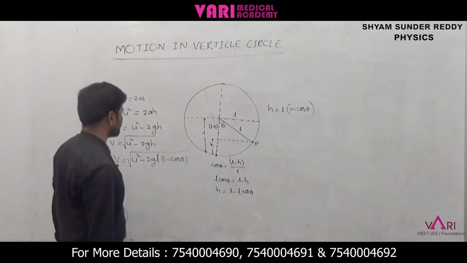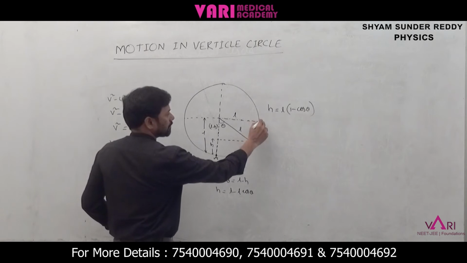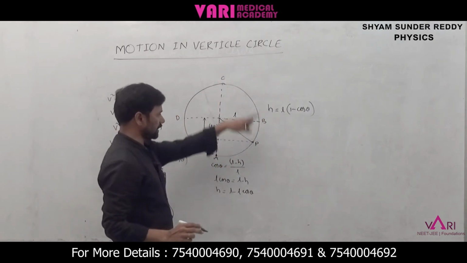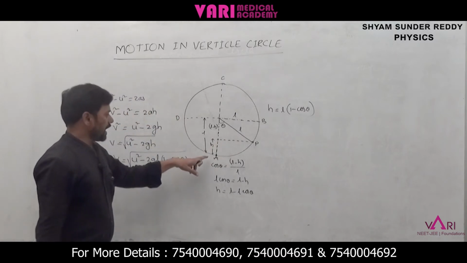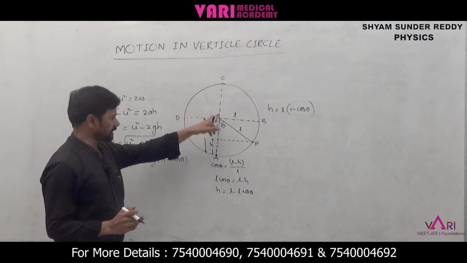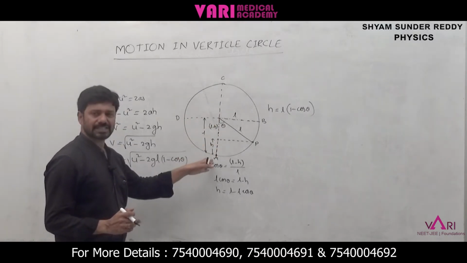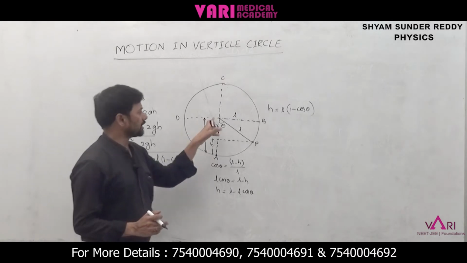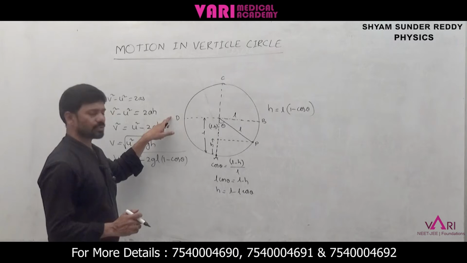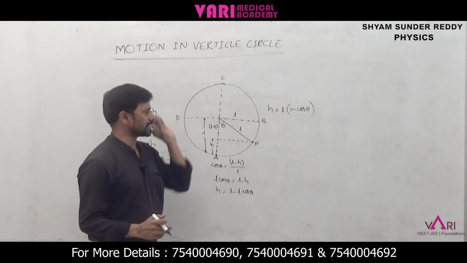We can prove it. Take this as the point A, point P, point B, point C and point D in circular motion, right? At point A, what is the velocity? Take the theta value in this direction, where theta is equal to 0, theta is equal to 90 degrees, theta is equal to 180 degrees, theta is equal to 270 degrees, theta is equal to 360 degrees, like that in a circle.